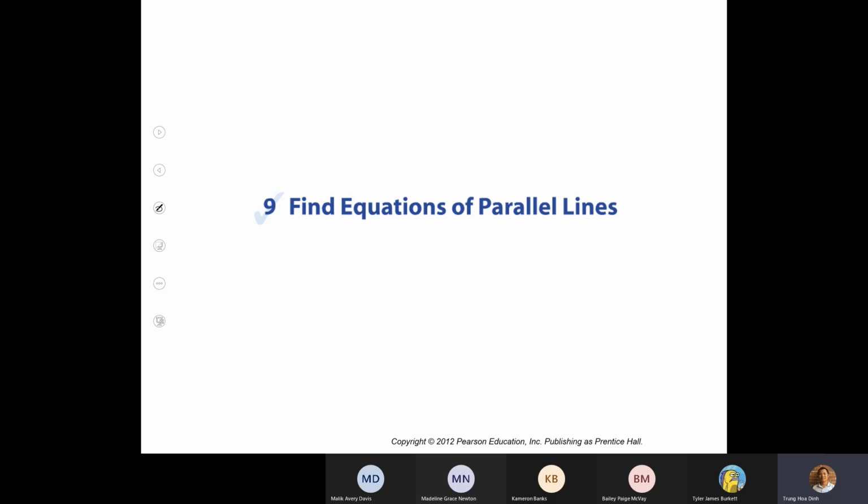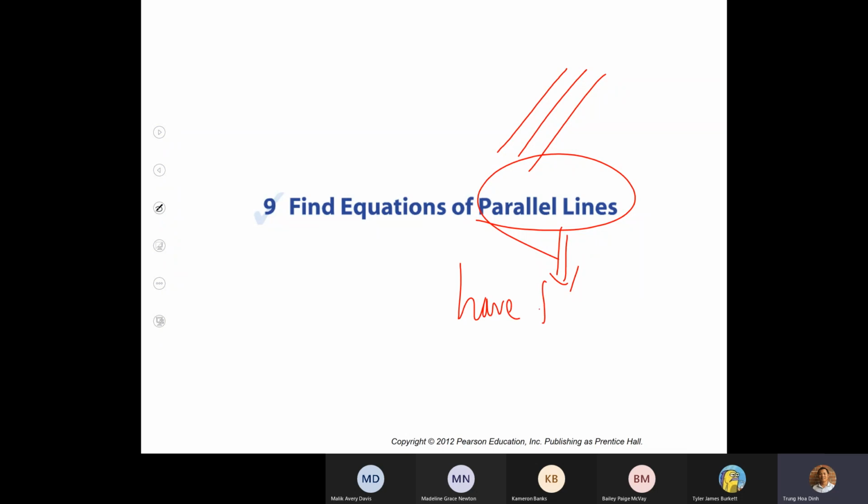The next one is, equations are parallel. We just talked about parallel lines in the example before the previous one, right? Parallel lines have the same slope. So basically, what does it mean?